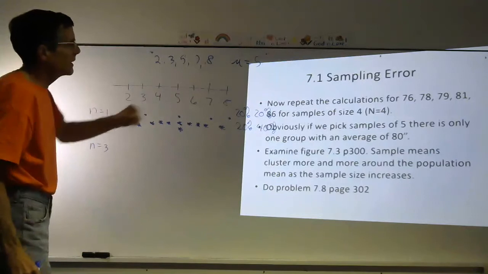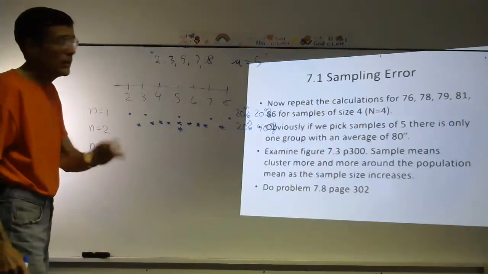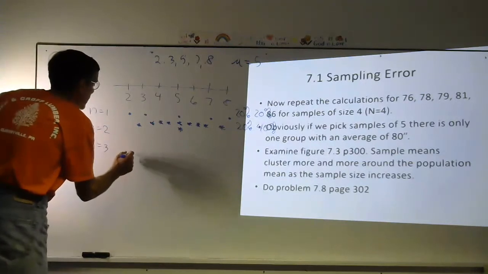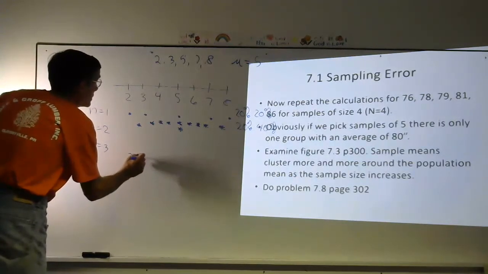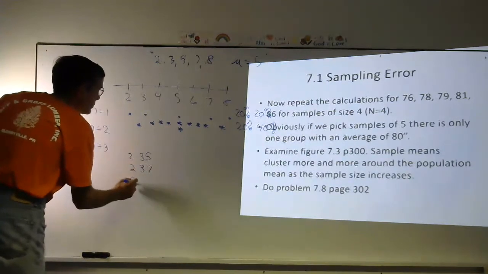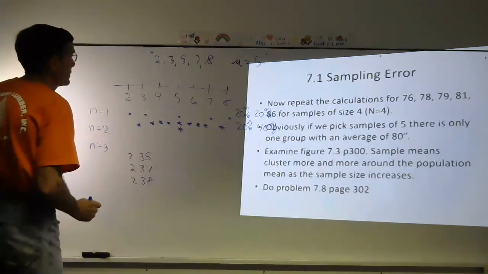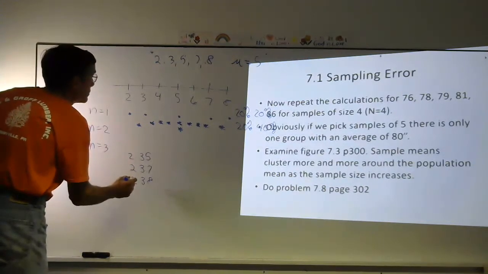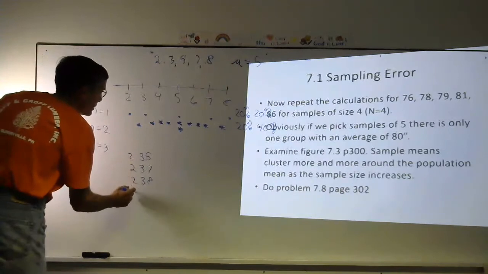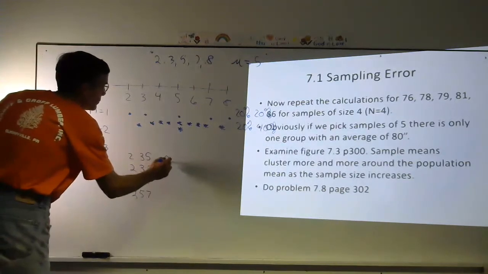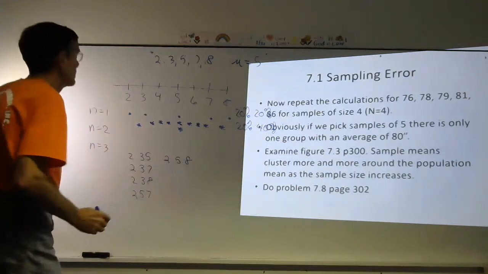See if I can get, I think 5C3 is 10 also. See if I can get 10 out of this. So I'm going to try. It's going to be 2, 3, 5, 2, 3, 7, 2, 3, 8. I think I did all the 2, 3s. How about 2, 5, 7, 2, 5, 8.